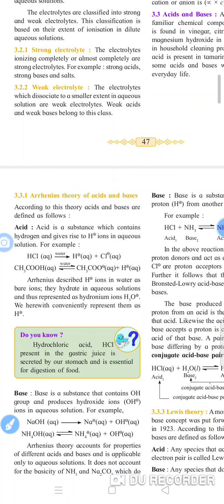According to Arrhenius theory, substances which give OH minus ions are called bases, and substances which contain hydrogen and give H plus ions are called acids.